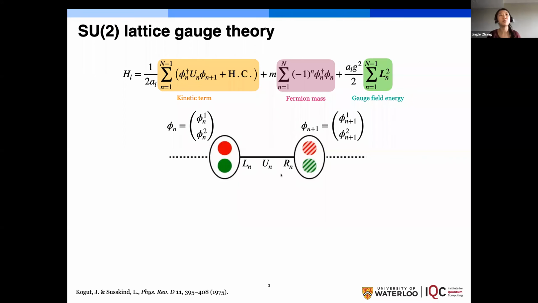So this is the energy I have to pay in order to excite a gauge field state. And then most importantly, I have the kinetic term that describes the interaction between the fermions and the gauge fields. And of course, all of these terms have this local SU2 gauge symmetry. But these are just the three main elements of my Hamiltonian, and they describe the physics.